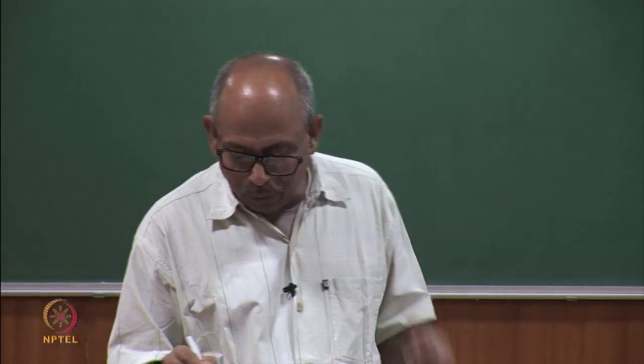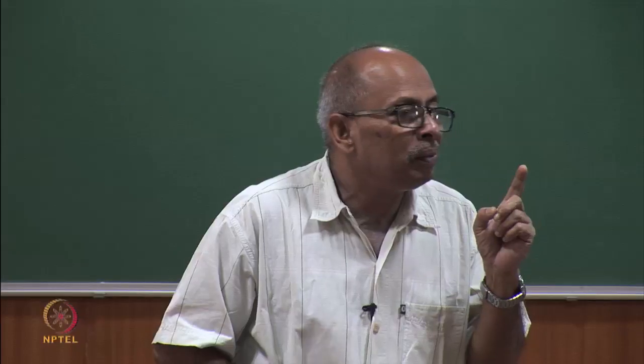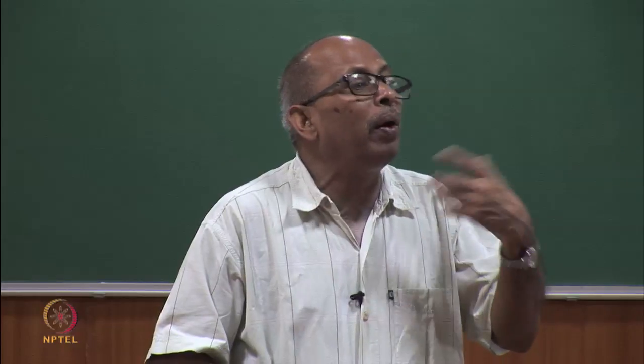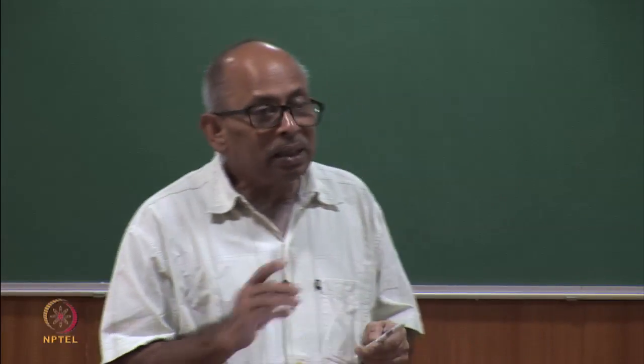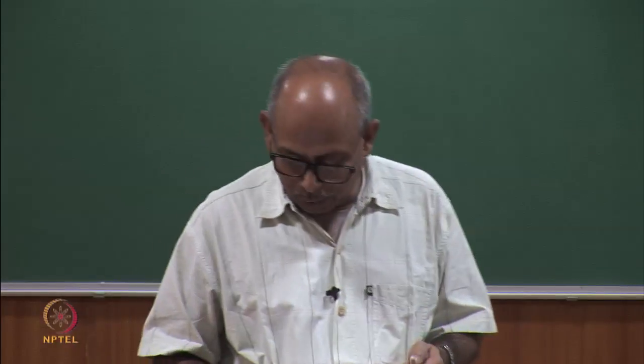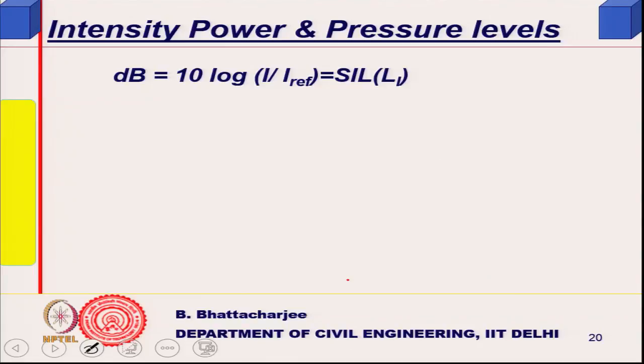There is another reason why we do not handle it in linear scale. Remember, we talked of Weber-Fechner's law, and we said that sensation is also logarithmically related. So we use it. Decibel is a relative scale, and you might use it for many cases, not just here.